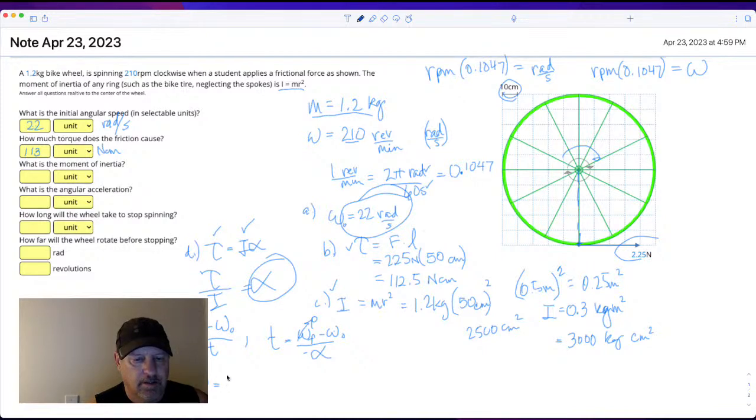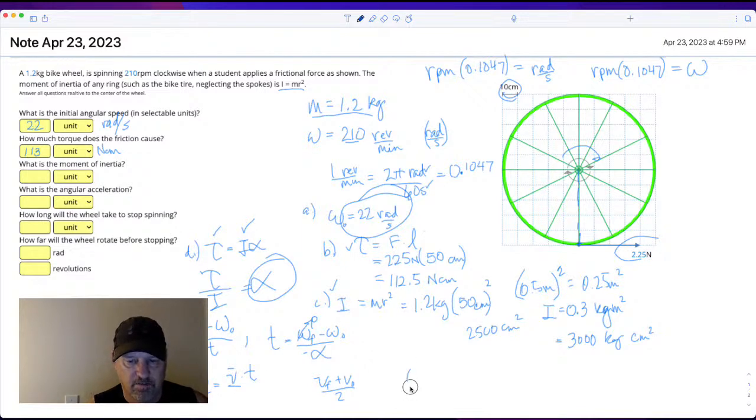Velocity is distance over time, so average velocity times time. The average velocity is found by v final plus v initial over 2. So it would be 11 radians per second times the time that you got from this section. Average velocity times time would give you theta.